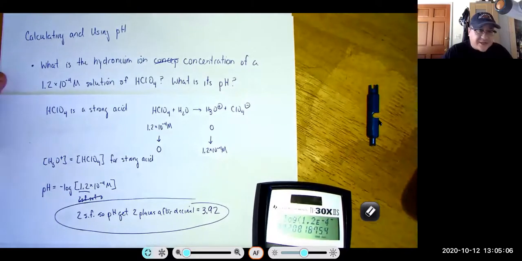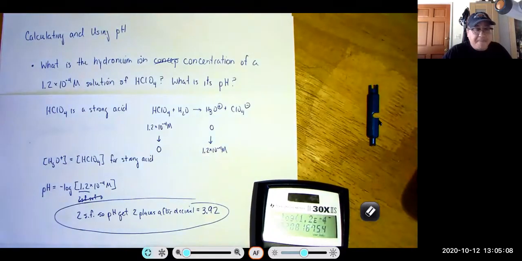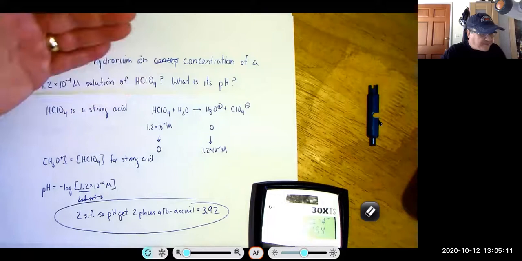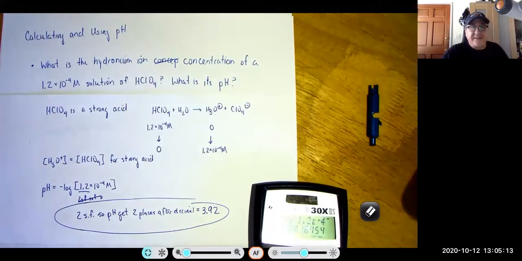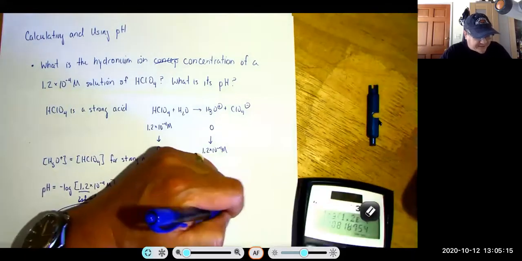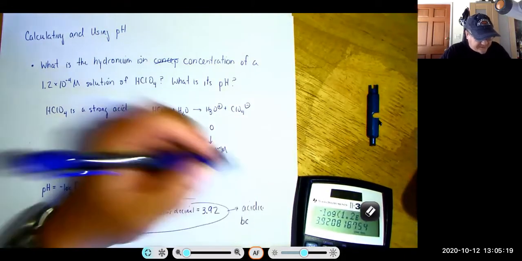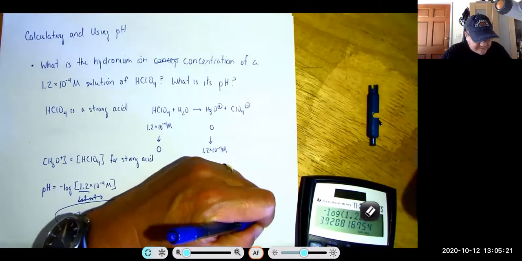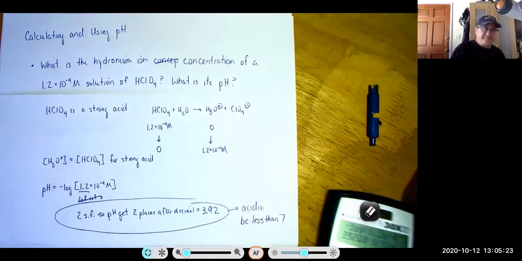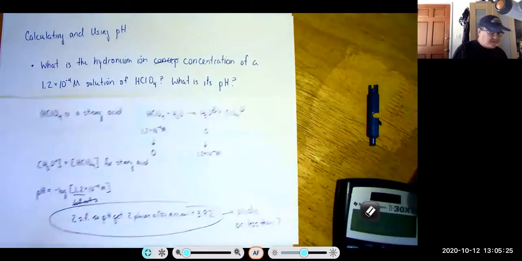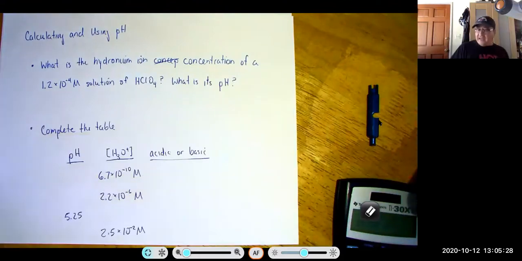Okay, so is this acidic or basic? I know it's not a question up here, but I'm asking anyways. Acidic or basic? The answer is acidic because it's less than 7. Okay.